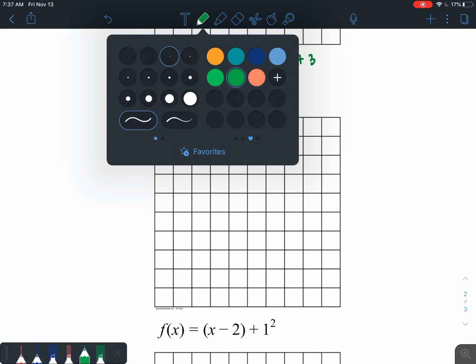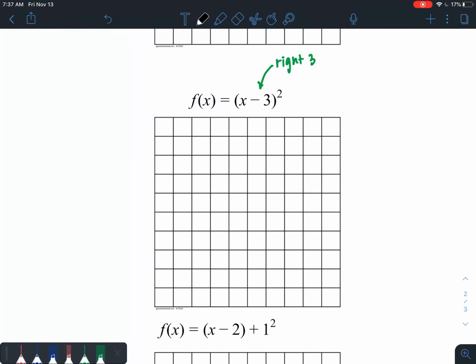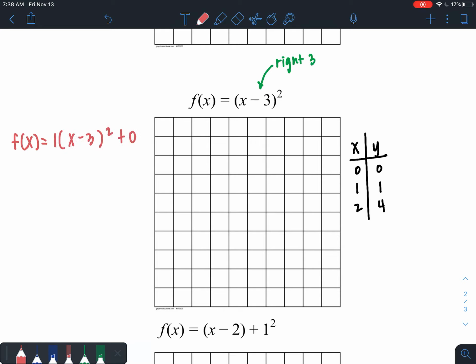So I'm going to write out what my parent function is. I have 0, 1, 2, 0, 1, 4. And then over here, my function is going to be f of x equals 1 times x minus 3 squared plus 0.